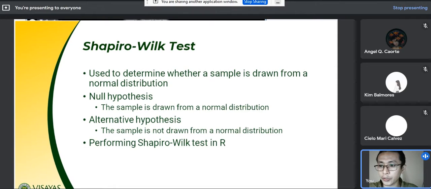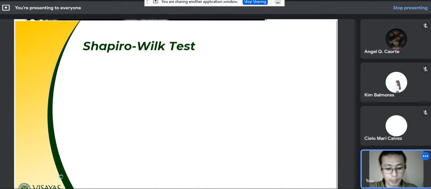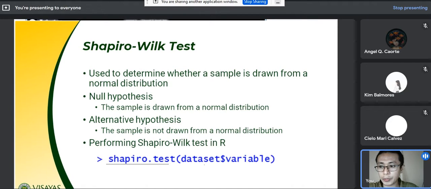So here's how we are going to perform a Shapiro-Wilk test in R. We have here, class, your shapiro.test function. This shapiro.test is the R function used to perform the hypothesis test for normality.